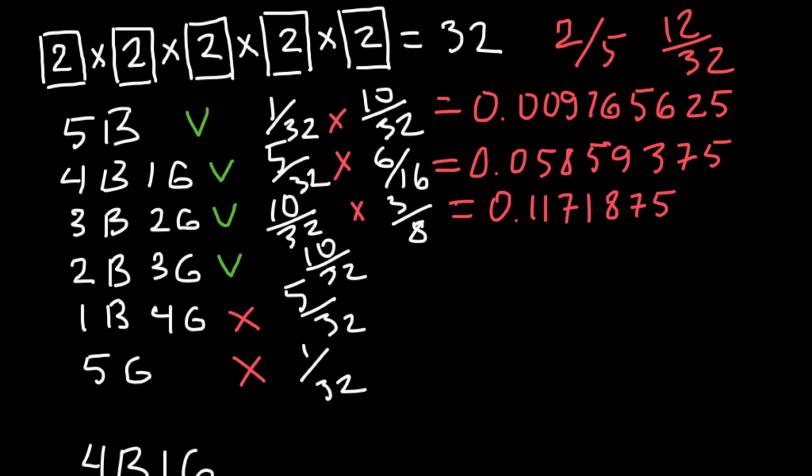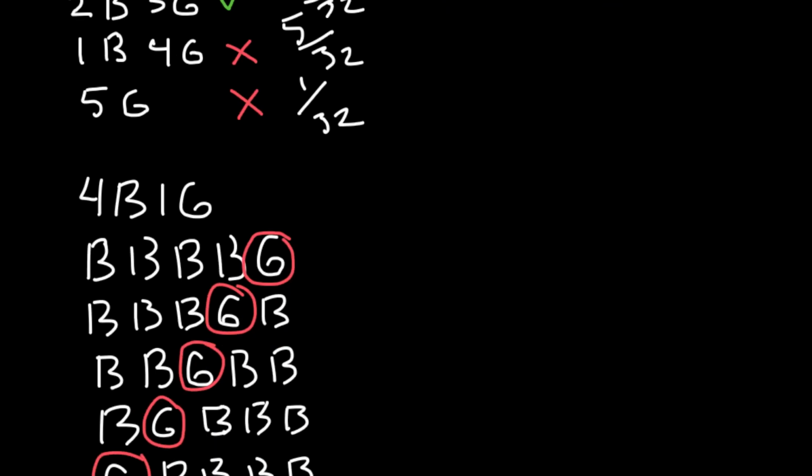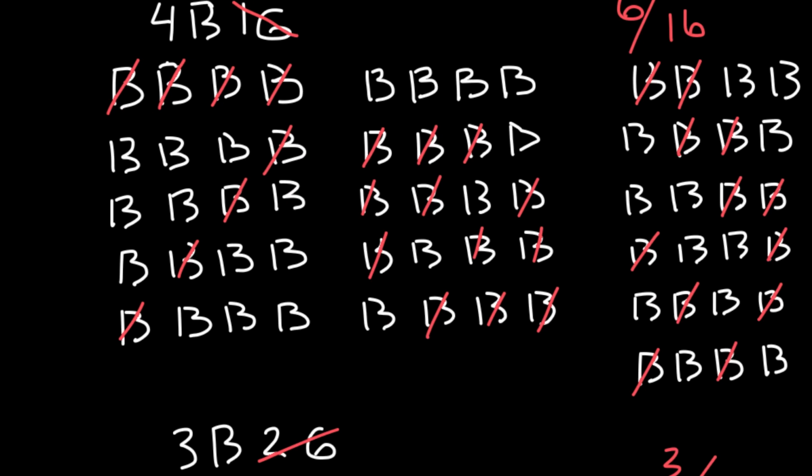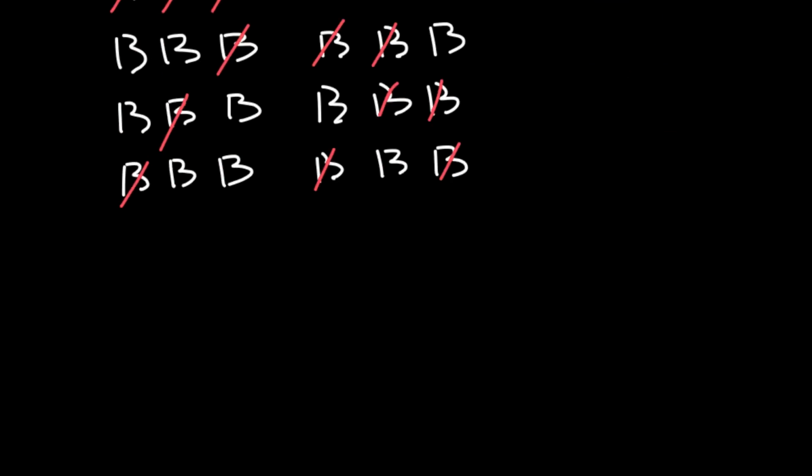Can we shortcut and put the same probability here, because we have the same probabilities? No, we can't. Here we have 3 boys and here we have 2 boys. So let's once again do our calculations. This time this is going to be very fast.